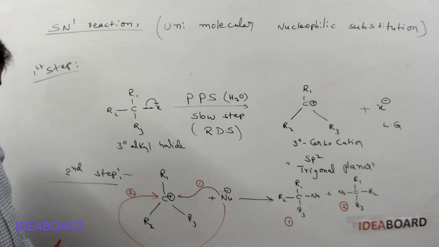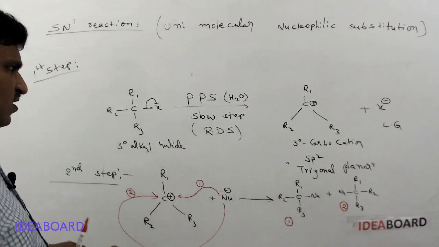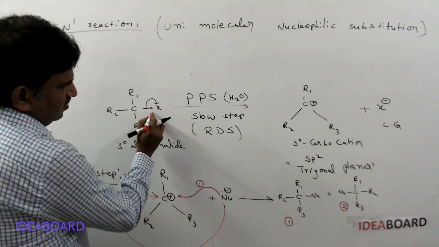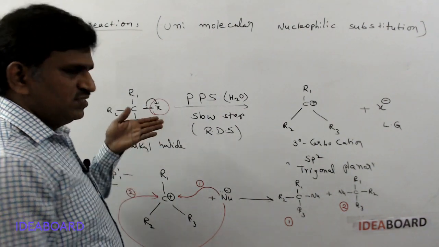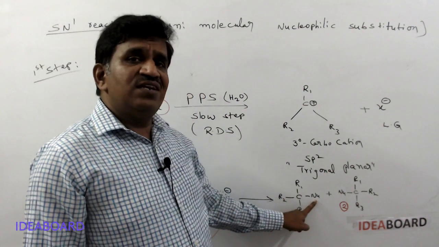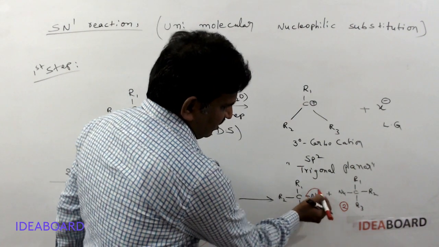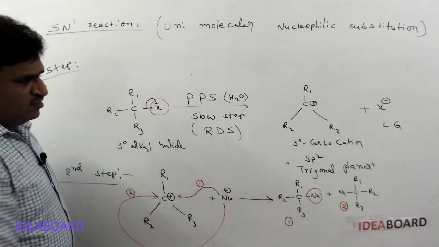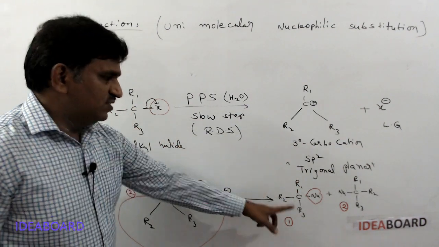As per the stereochemistry we studied in optical isomerism, if you see, the alkyl halide's halogen is on the front side. If the product also contains the nucleophile on the front side, both are in the same direction and the configuration is the same.